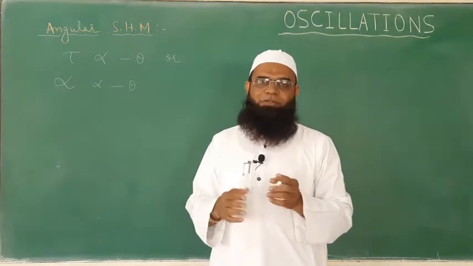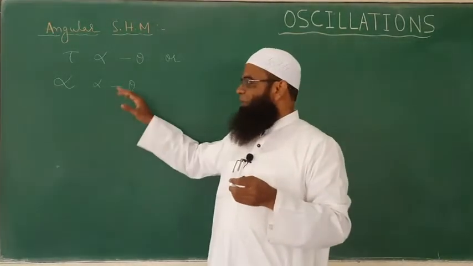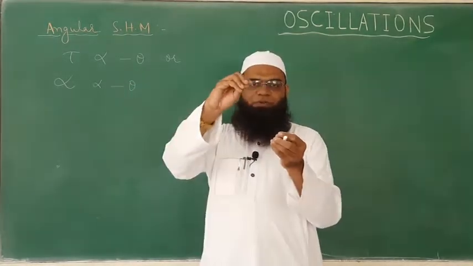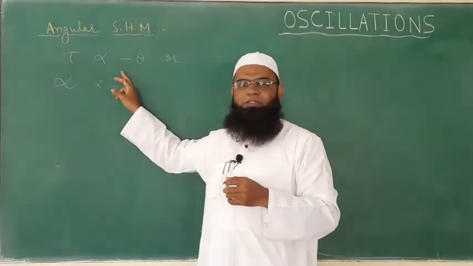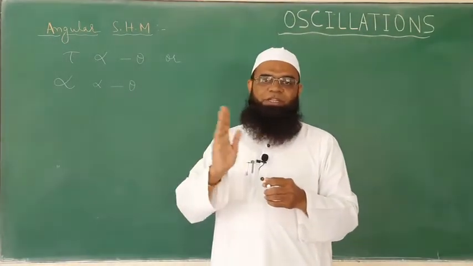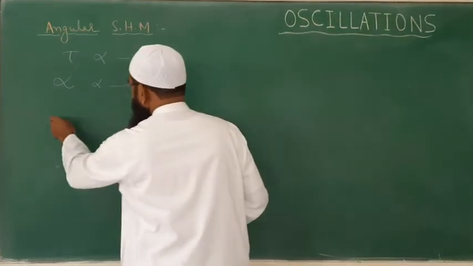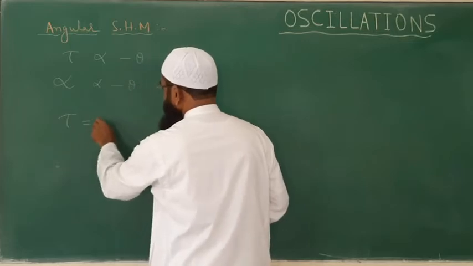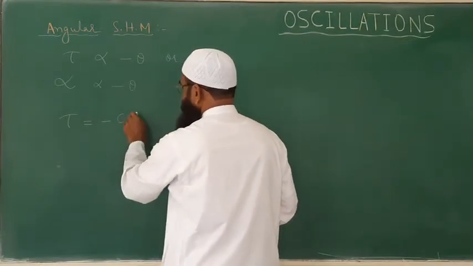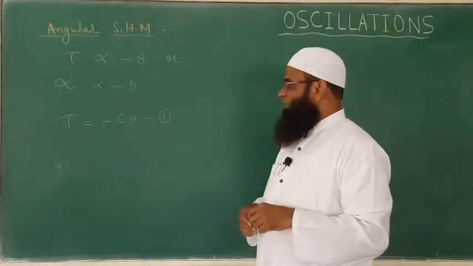In this case, torque is a restoring torque. When the body is displaced from its position and performs rotational motion, this torque tries to bring the body back to its original position. Removing the proportionality sign, torque is equal to minus c theta. Equation number 1. Now what is c?